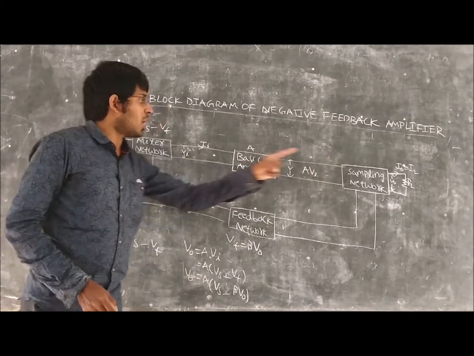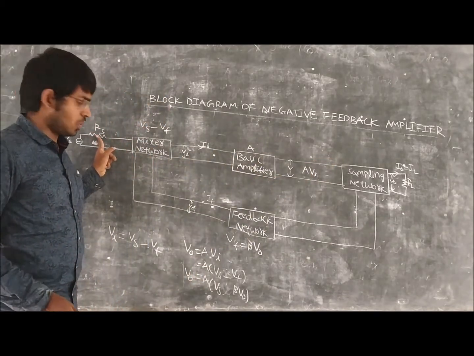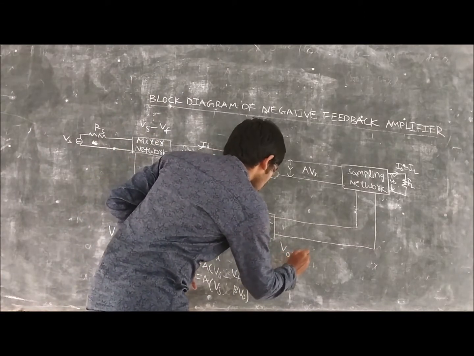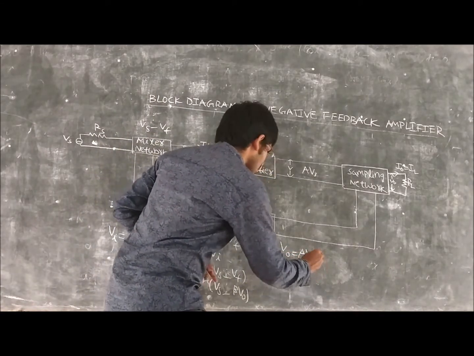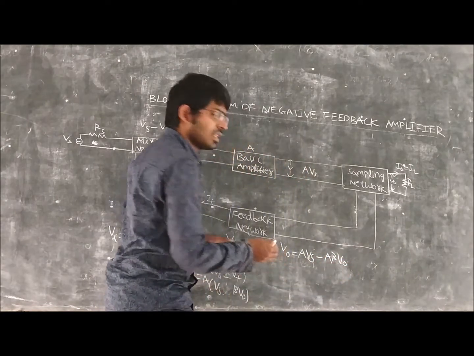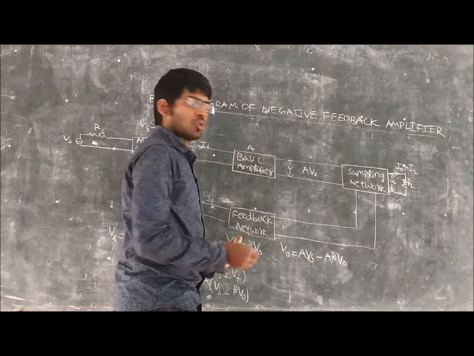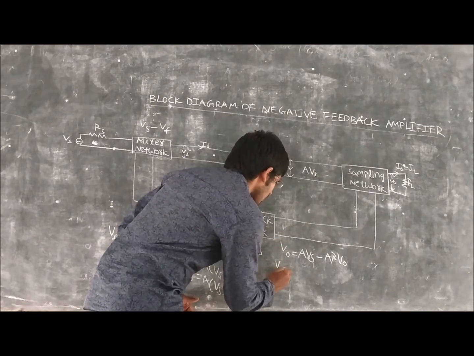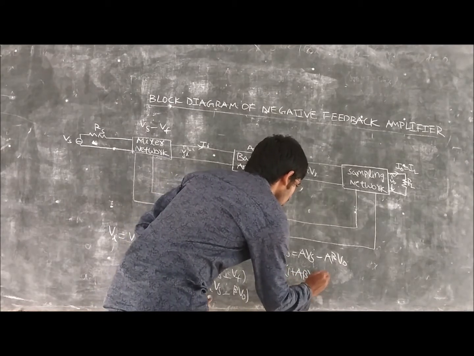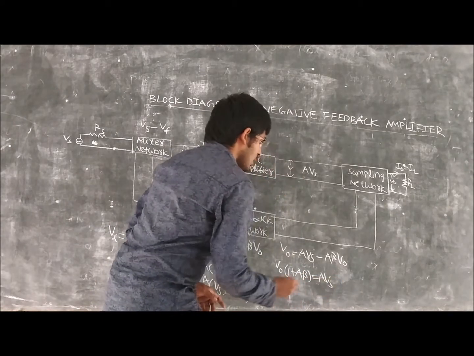For that, V0 is equal to A into Vs minus A beta V0. If we take A beta V0 to the left side, this will be 1 plus A beta into V0 is equal to A Vs.